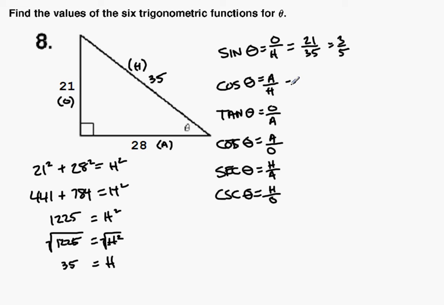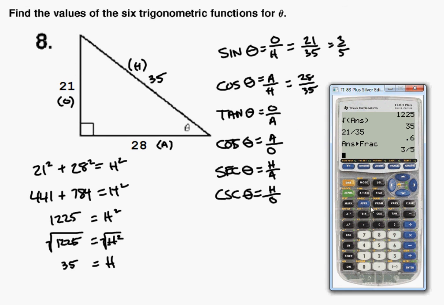Okay? Adjacent over hypotenuse, 28 over 35. So again, 28 over 35, 0.8, 8/10, which is 4/5.